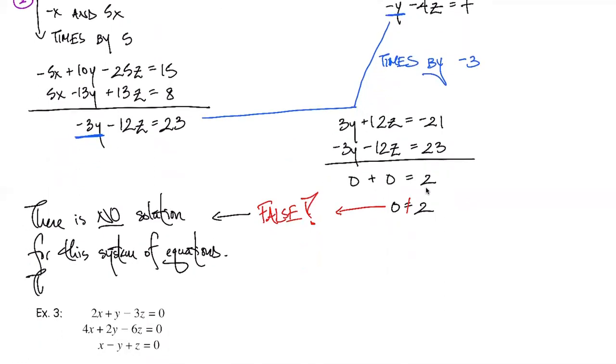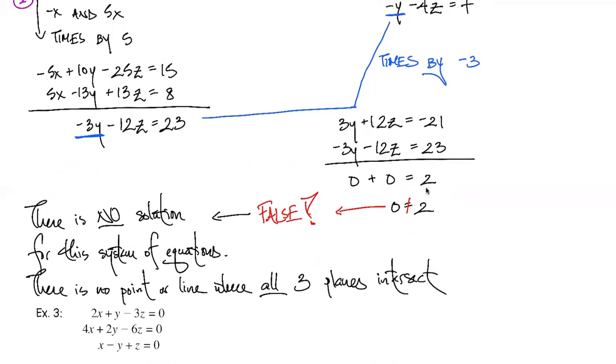It means there is no point or line where all three planes intersect, okay? So there's no solution. That's important to know. But beyond that, we want to know, is there an intersection point for all three of them? And the answer is no. There's no point or no line where all three planes exist.